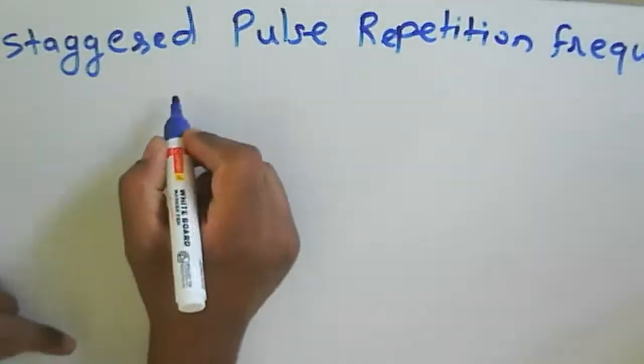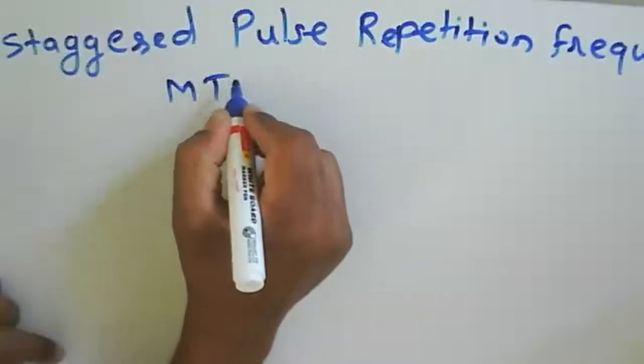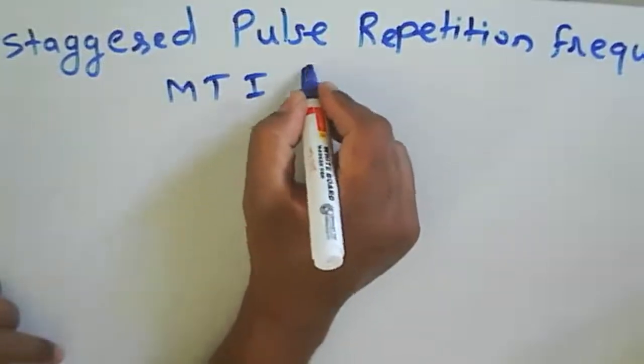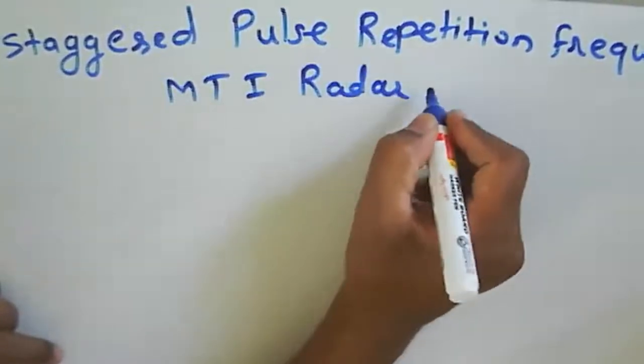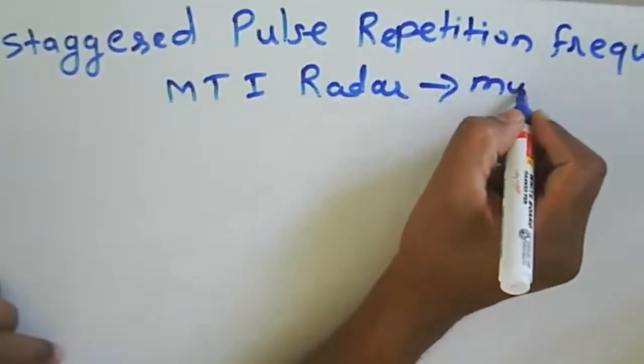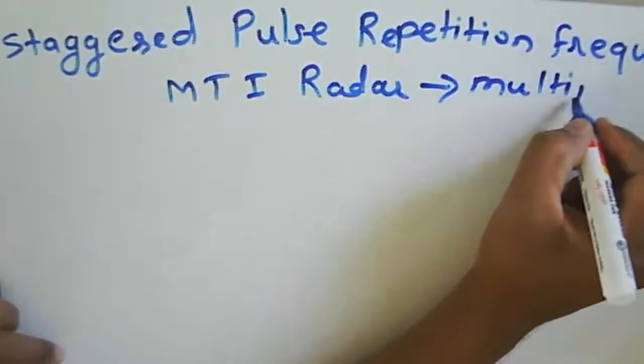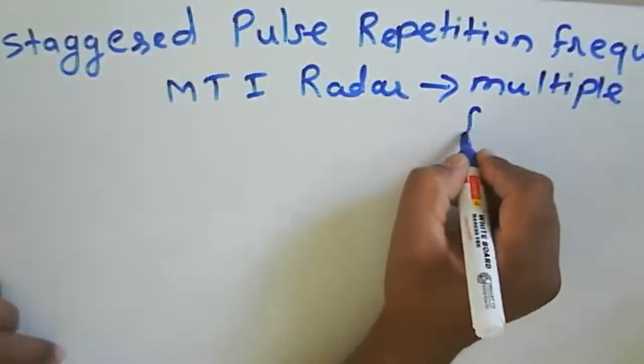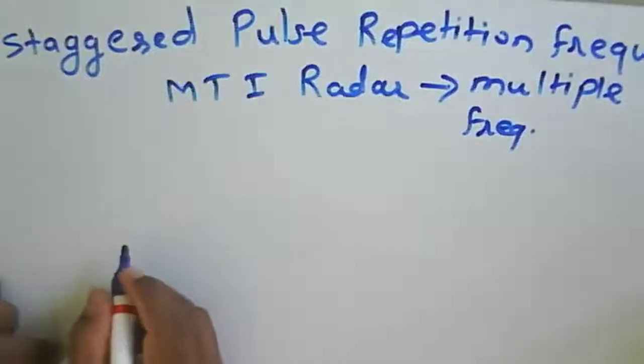So in this case, for an MTI radar, we are using a multiple frequency signal. Multiple frequency means what?